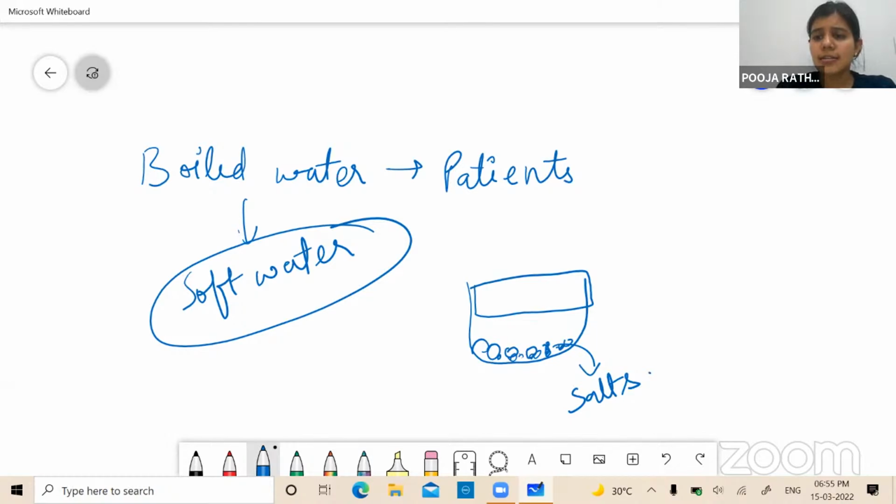The Aquaguards and Pureit and all those we use in our homes for making mineral water eliminate impurities from water and give us pure water.